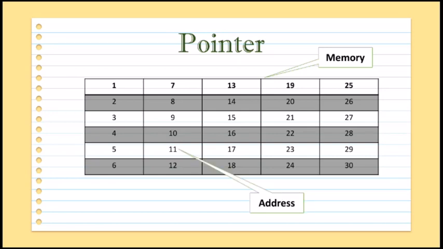Roll numbers written on bench are addresses and student sitting on that bench is data. So when examiner goes near particular student by checking roll number for signature, that will be the pointer.